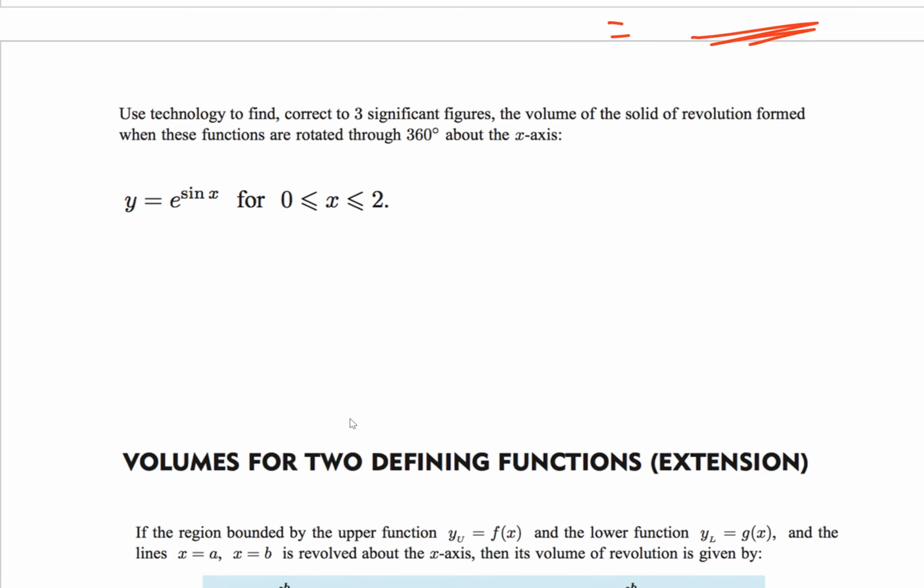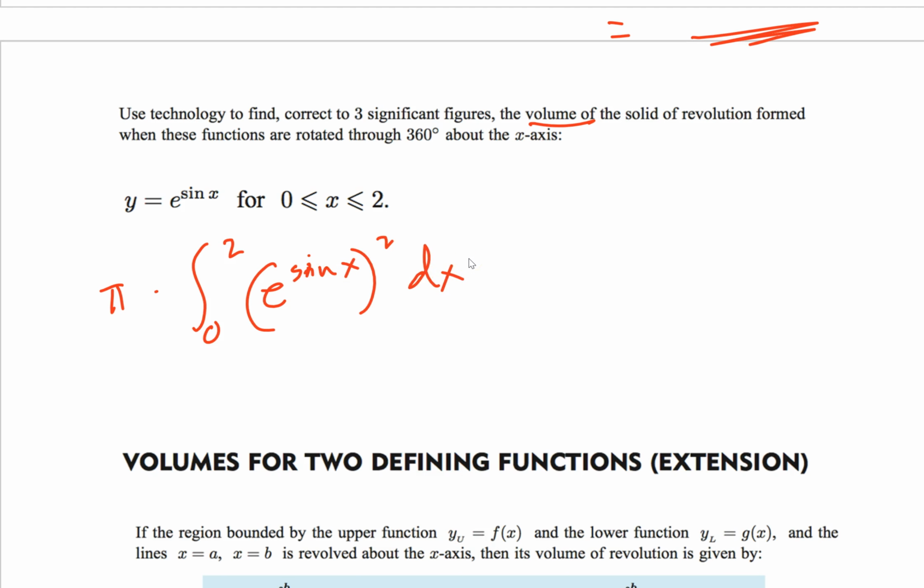We can also do this with the calculator. Use technology to correct to 3 sig figs. Again, it's volume, so all we're going to do is plug this into our calculator. So in our calculator, you're going to plug in 0 to 2. You plug in pi on the outside times sine x, and then the whole thing squared.